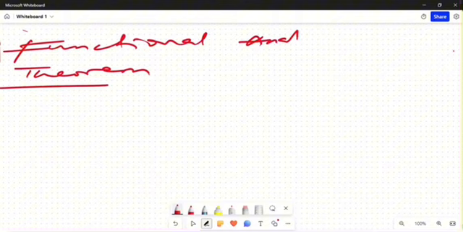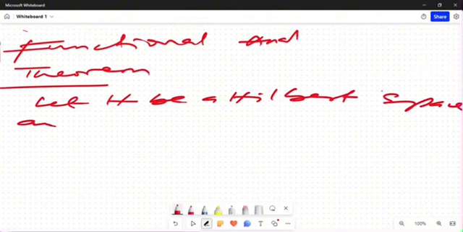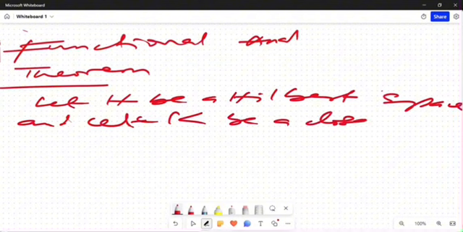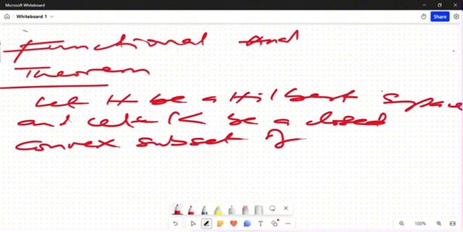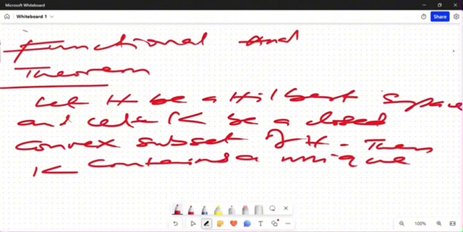Theorem: Let H be a Hilbert space, and let K be a closed convex subset of H. Then K contains a unique vector of minimum norm.